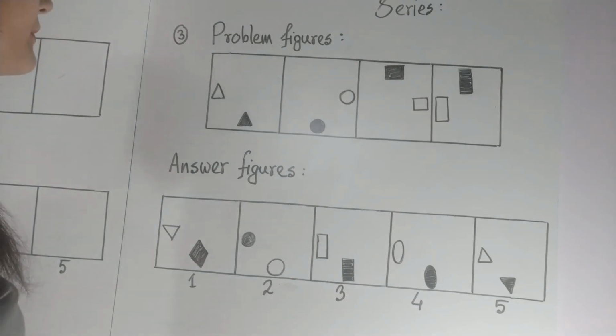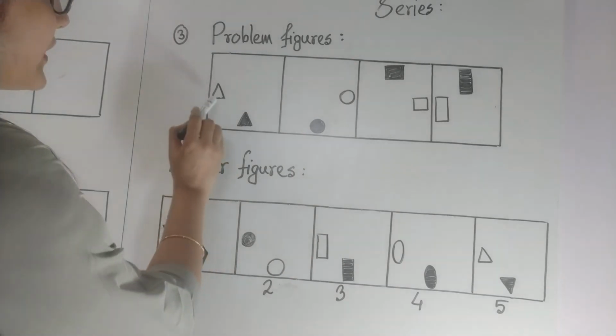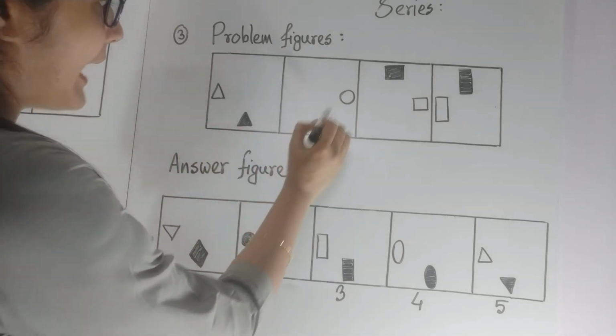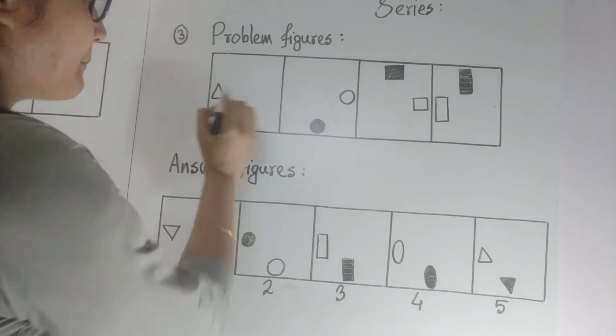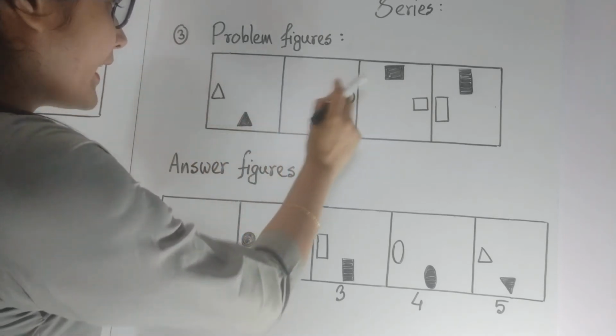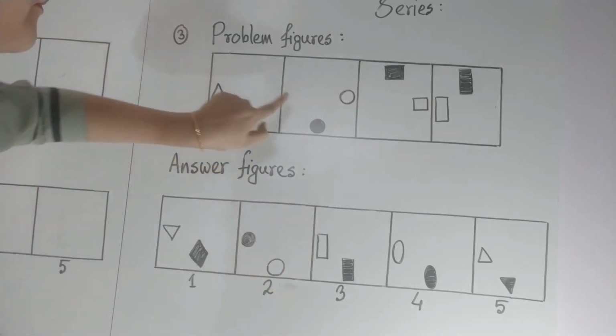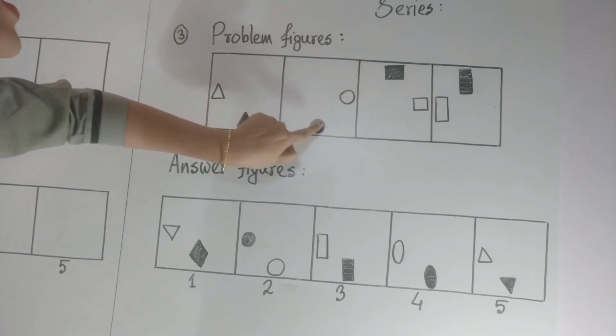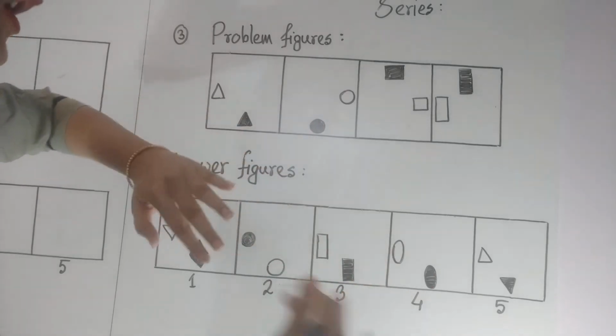Again the pattern shows white, black, black, white, or empty, shaded, shaded, empty, right? White black, black white, white black, black white, again white and black. It will become white and black in the answer figures.